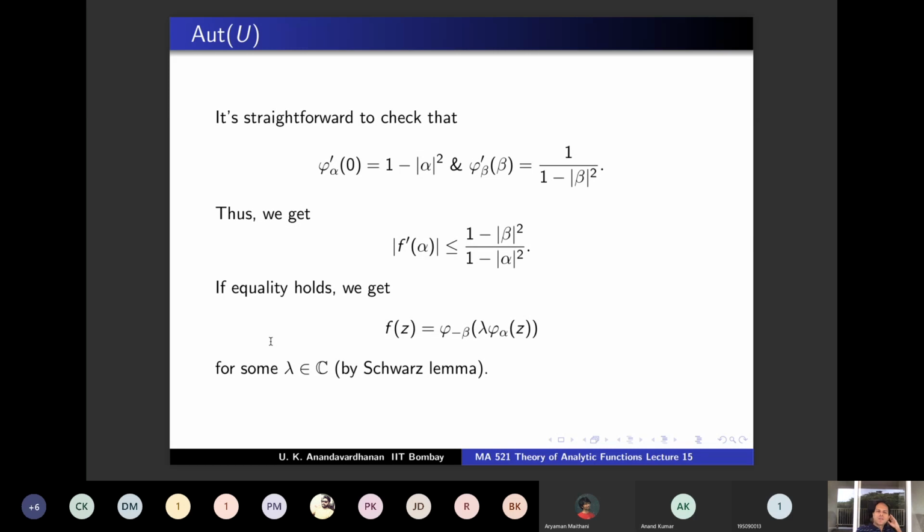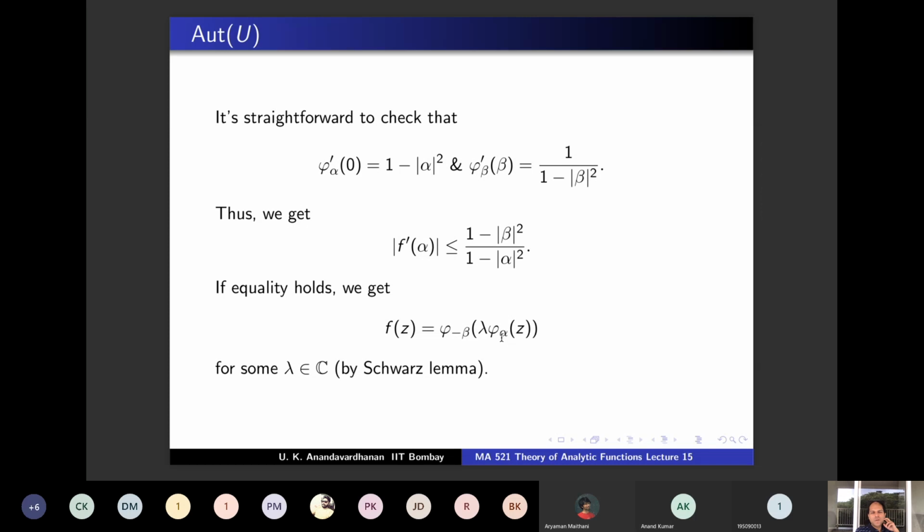Okay, so we have proved a very nice result that you can bound mod f prime alpha in terms of what f of alpha is. If you call that beta, then this is the bound. Not only that, if there is an equality here, this is very crucial in our next slide. If equality holds here, then you can conclude that f(z) is of this form. So if you have an arbitrary function which is holomorphic on U, norm less than or equal to 1, and it takes alpha to beta, then you know it cannot be arbitrary.